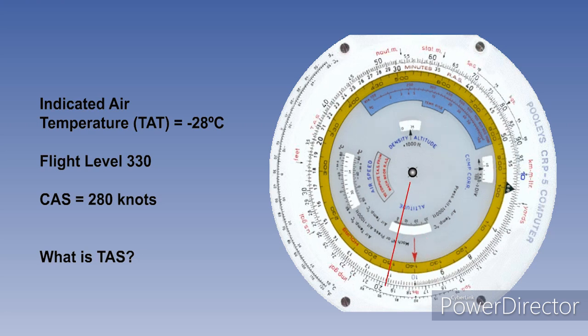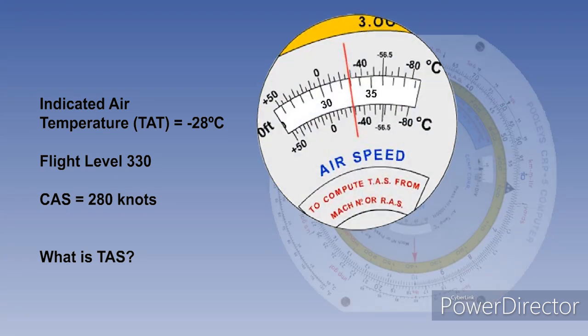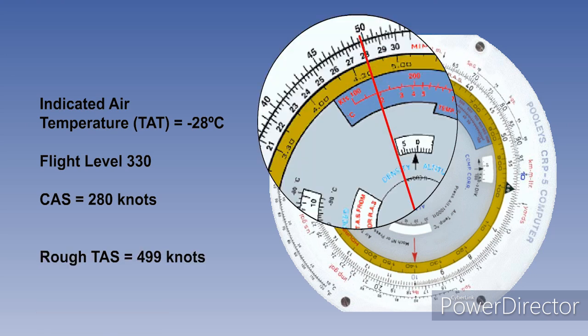Set minus 28 against flight level 330 in the airspeed window. Now read off the approximate TAS on the outer scale against the CAS of 280 knots on the inner scale. What do you get? You should have 499 knots TAS.